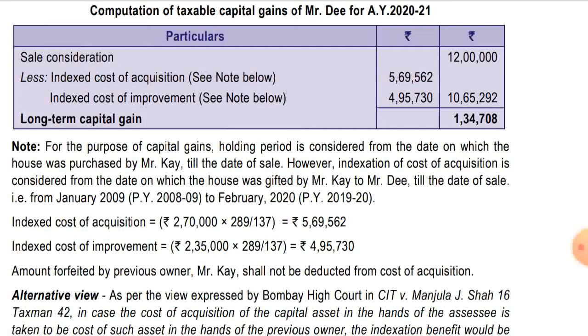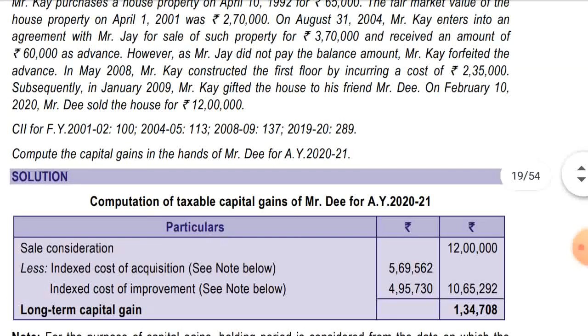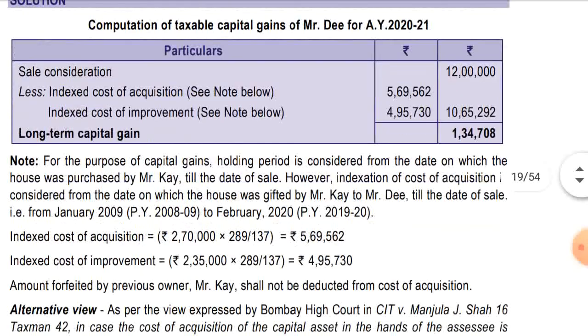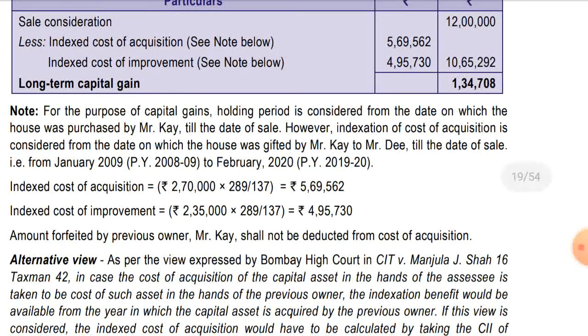You can take it that way also. And index cost of improvement is 2,35,000. There is no change there: 2,35,000 into 289 divided by 137, the year in which improvement was done, that is 2008-09. Index cost of improvement and index cost of acquisition are written above, and the capital gain is a long term capital gain.